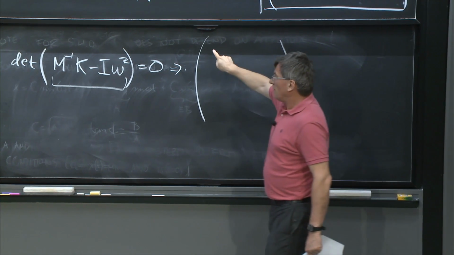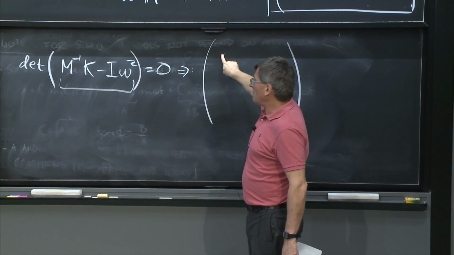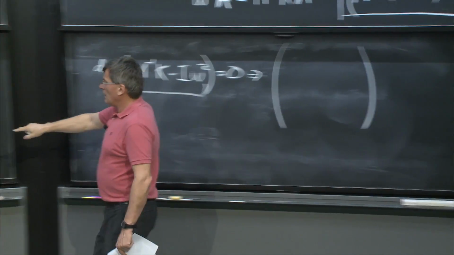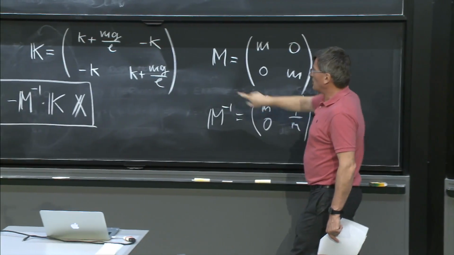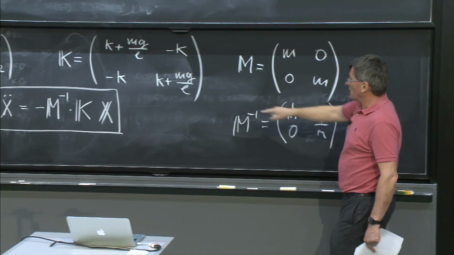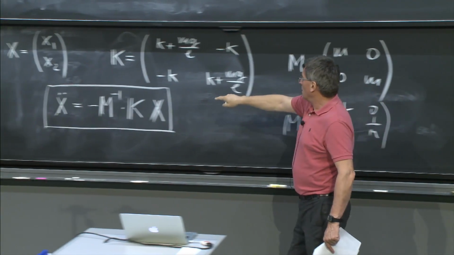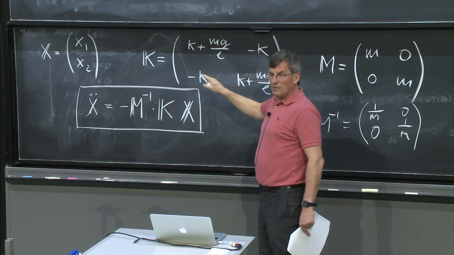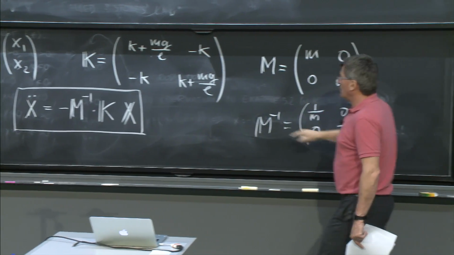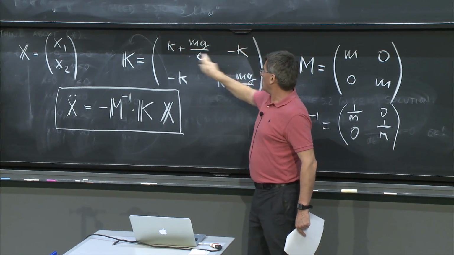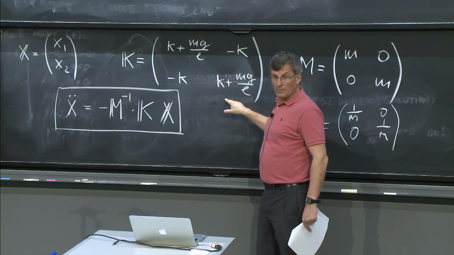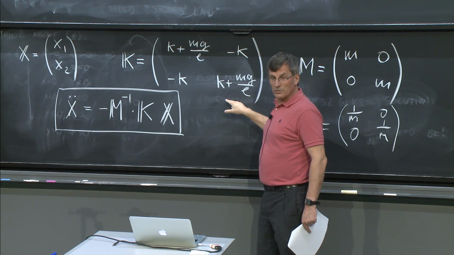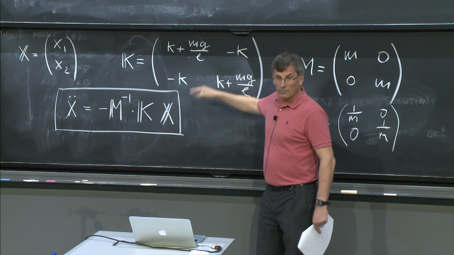And in this element here, I have to multiply this matrix times that. Effectively, multiplication of m to the minus 1 times this matrix divides all the elements here by m. That's all there is to it. I just divide everything by m.